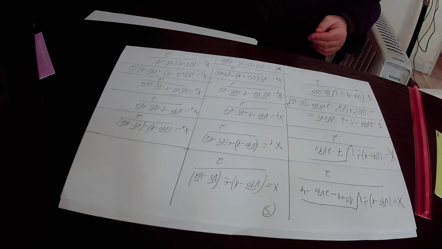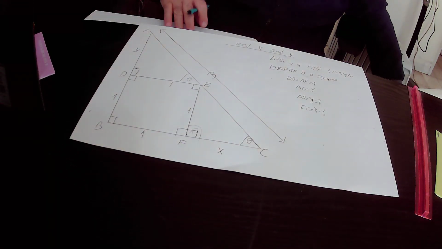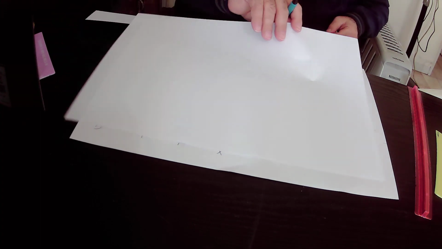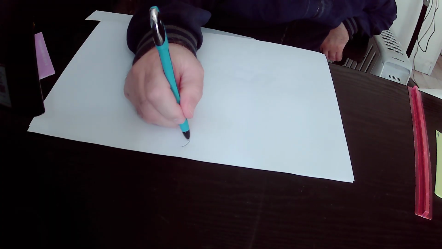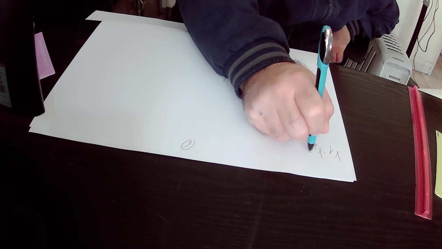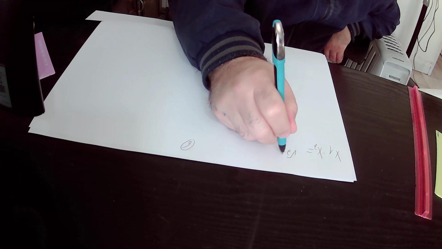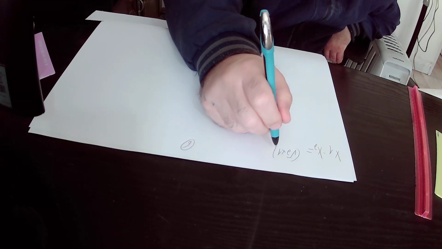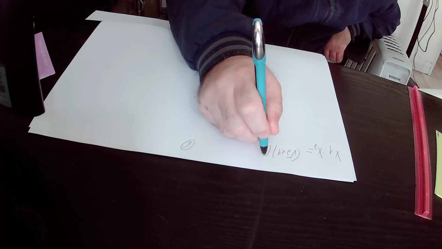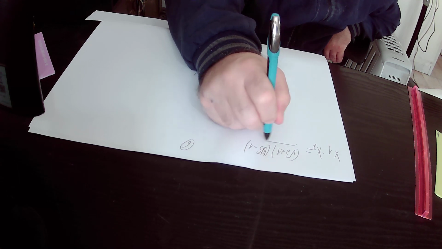Now we will multiply the two solutions of the quadratic equation by each other, and we will get that x2 times x1, or x1 times x2, x1 times x2 equals square root of 2 plus 1 times square root of 5 minus 1 over 2.